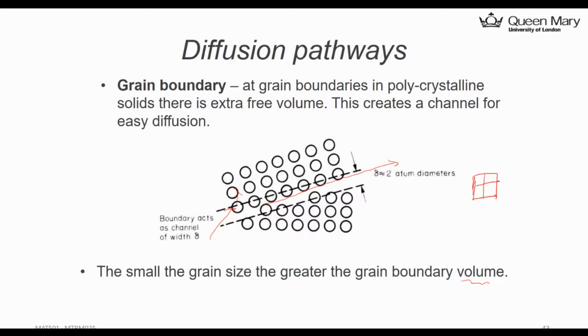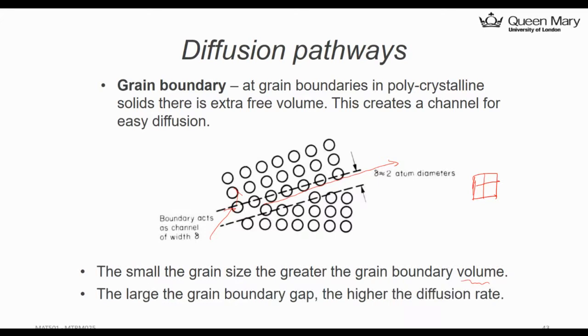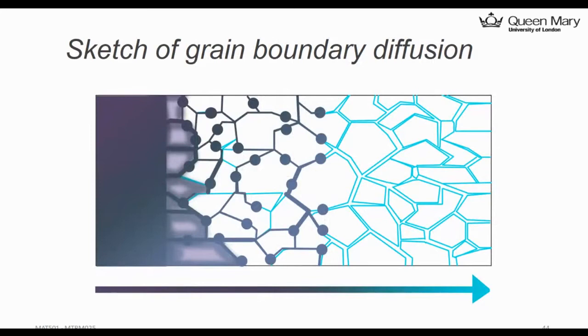Now you have many more grain boundaries like that. So the larger the grain boundary gap, the higher the diffusion rate, because if you increase the gap between these two grains, then the atom can travel much quicker through this channel like a tube. So this is the sketch of grain boundary diffusion.